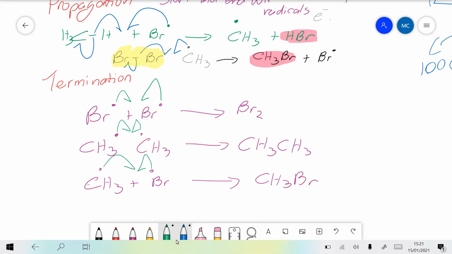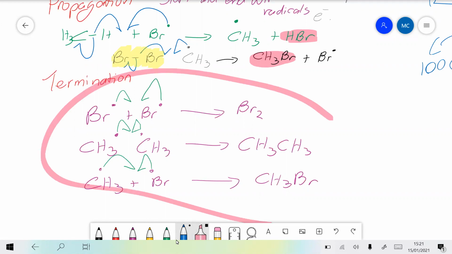Even at this point, it's important to note that you are going to try and avoid these three reactions.